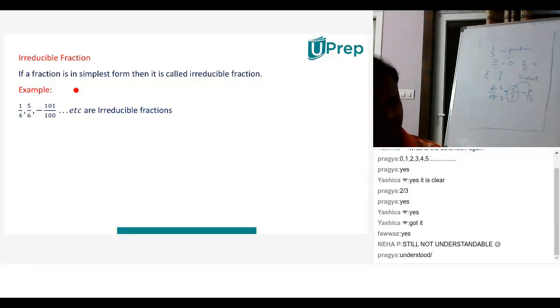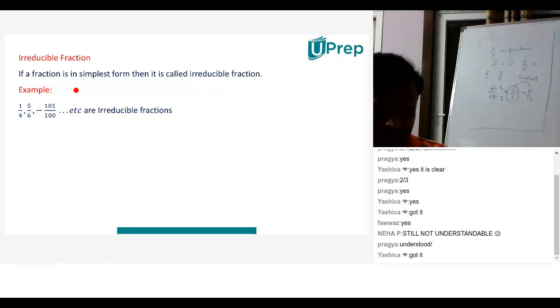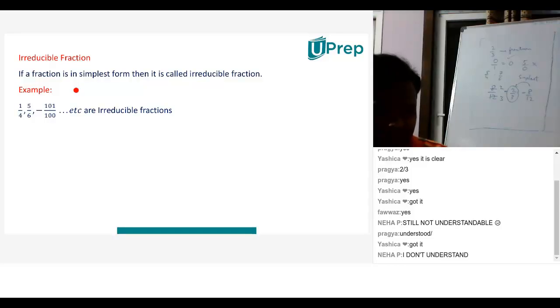Understood. Pragya has understood. Children, those who have not understood, please type in the chat box so that I can repeat once again. Got it. Yeshika has got it. Great. I don't understand. Okay.